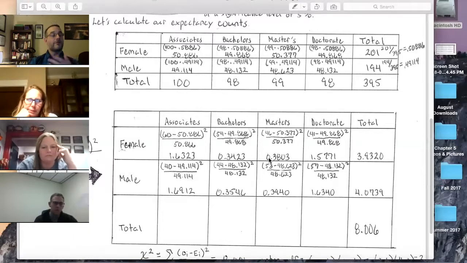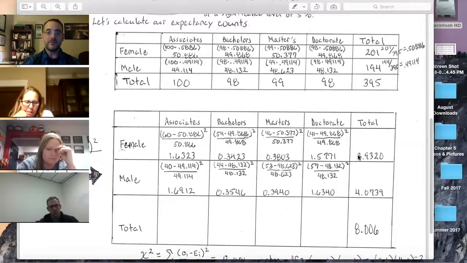And remember, our formula is just the sum of those, right? So we add all these up. So this row here, add all these values up, and you can double check my math when you go back and work this. The females, for the total for the sum, should be 3.932.